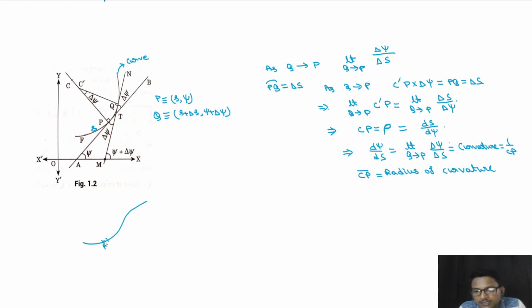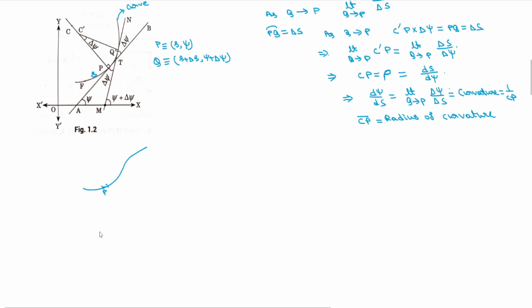So the radius of that circle will be the radius of curvature, and the reciprocal of that radius will be the curvature at the point P. So this is the central idea of curvature and radius of curvature.